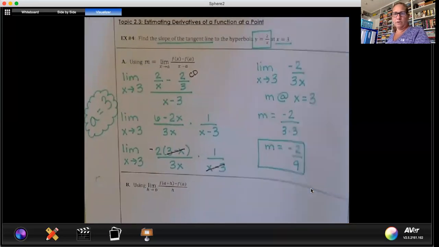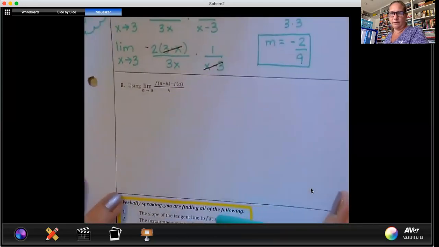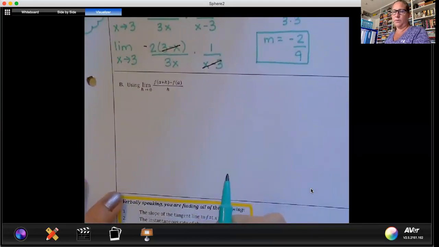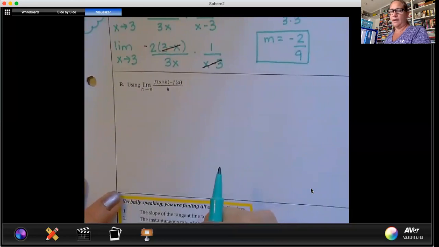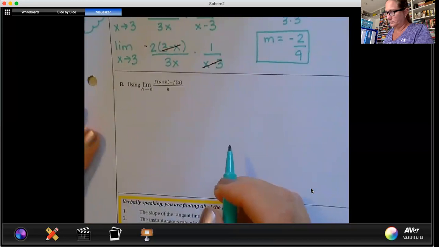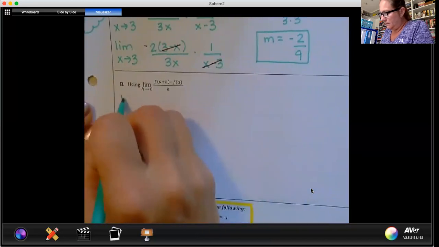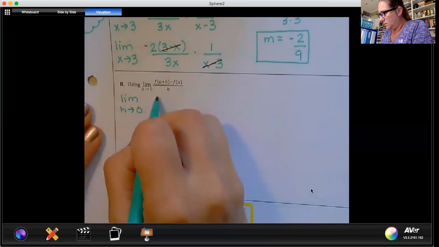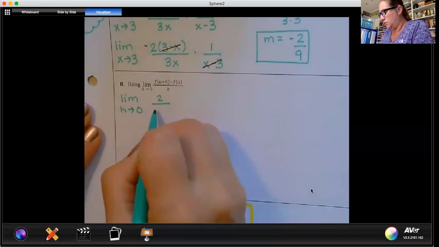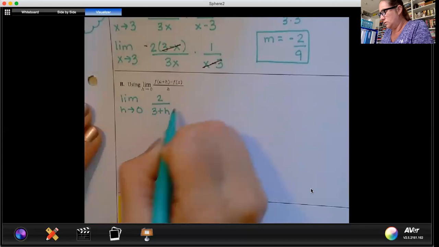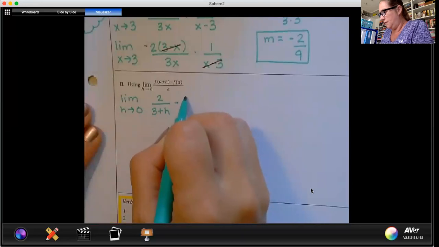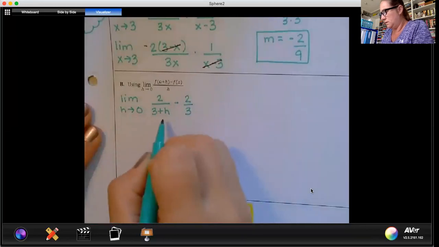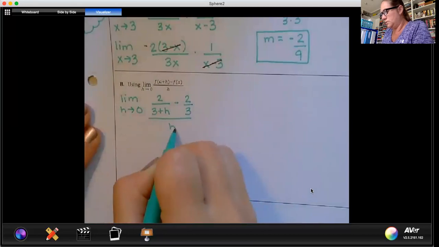For part B, you're simply using a different definition of the derivative to find the slope of the tangent line to the hyperbola y equals 2 over x at x equals 3. So the limit as h approaches 0, remember a is 3, 2 over 3 plus h minus f of a, 2 over 3, over h.